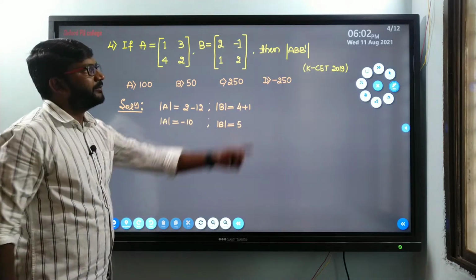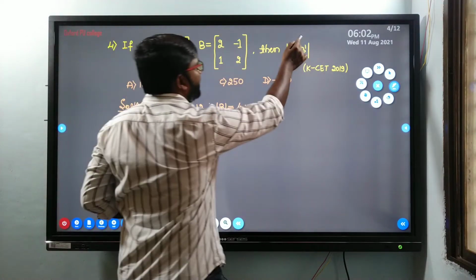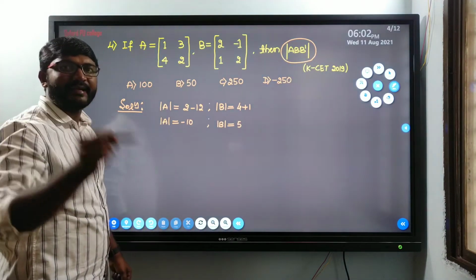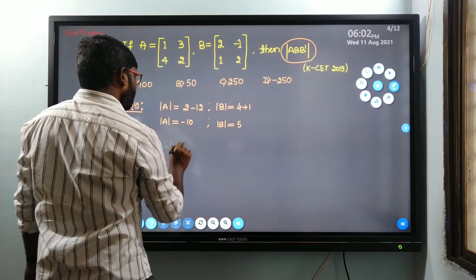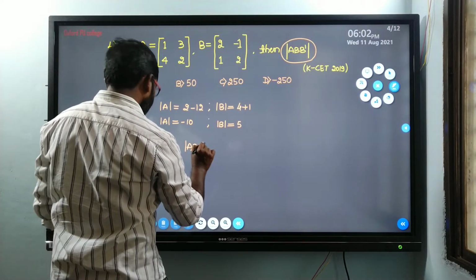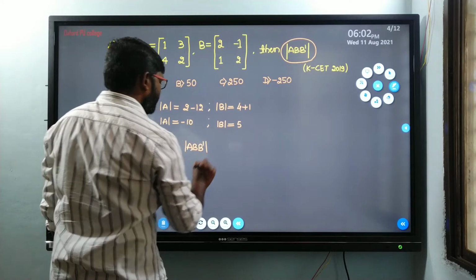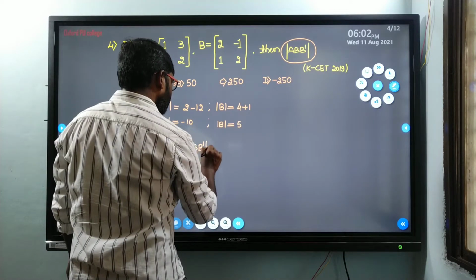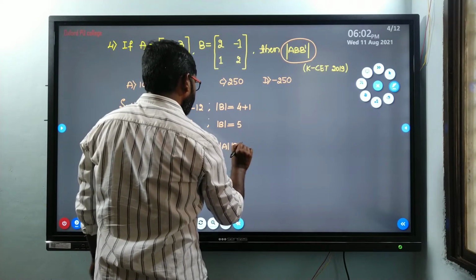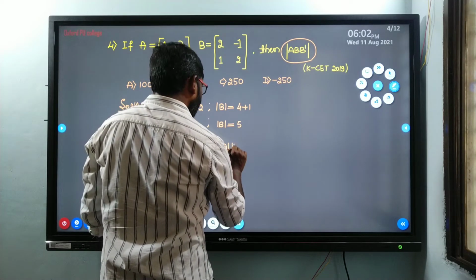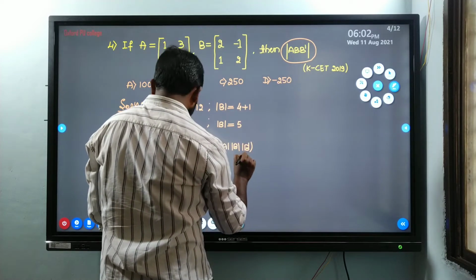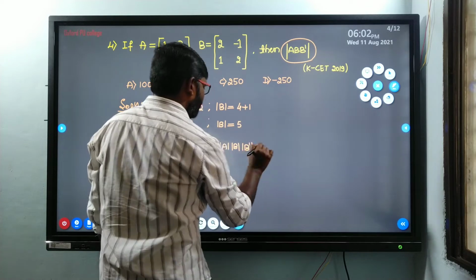So now we will have to take up the given condition. We have to find this now. We will have to find determinant of A B B dash. So therefore det of A B B dash is equal to det A, determinant of A, determinant of B, into determinant of B dash.